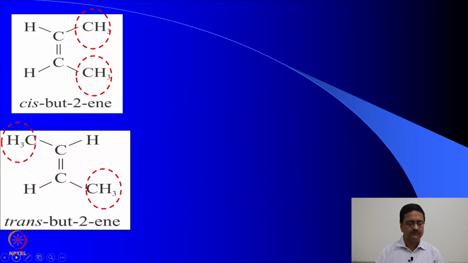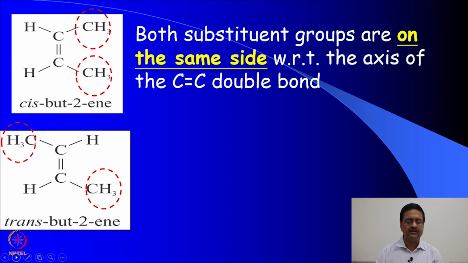So, in that also we can have different cis and trans isomers. In this particular example, you can see on the top you have a C=C double bond in the middle, and that double bond has two methyl groups attached, and both of them are on the same side.